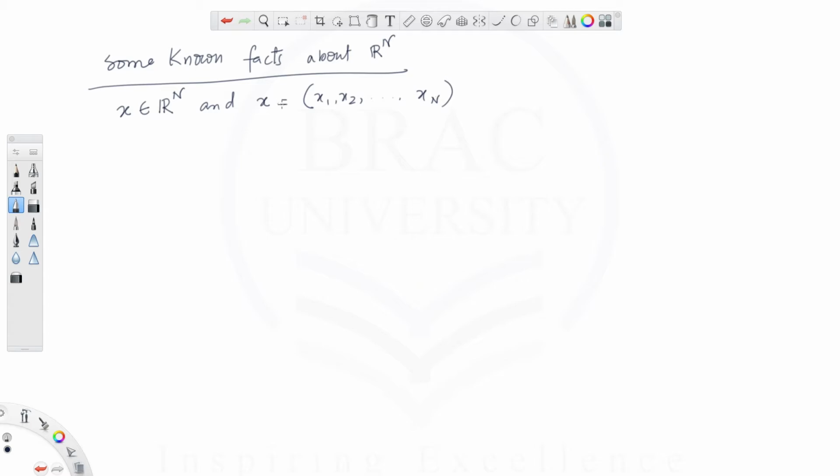This n tuple is a vector, of course, or you can consider it as a topological space, where a point is represented by an n tuple.